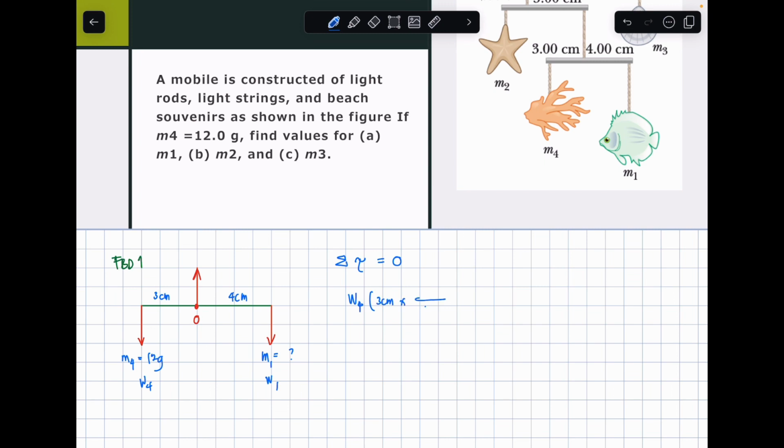So this is weight 4 times 3 centimeters. But 1 meter is 100 centimeters. This one is counterclockwise, so it is positive, and this one would be clockwise, so negative. So that is minus W1 times 4 centimeters times 1 meter over 100 centimeters, equal to 0.